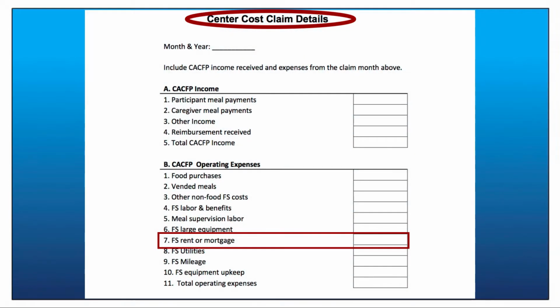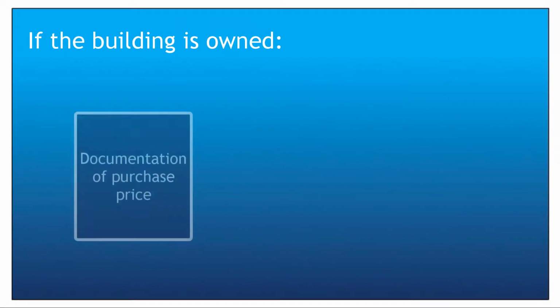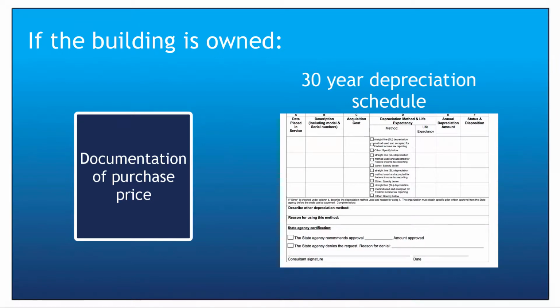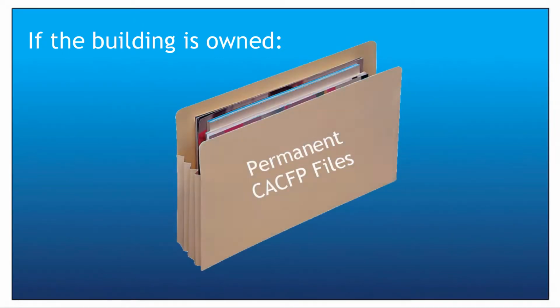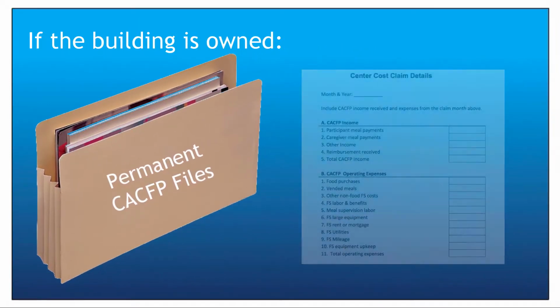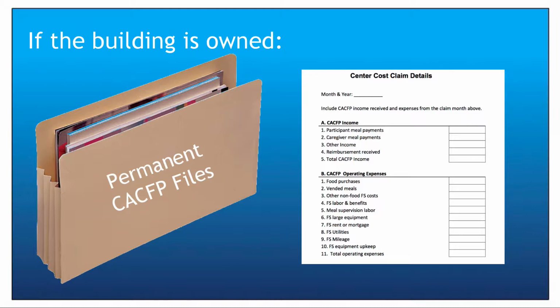The amount that can be included in the monthly cost claim details is $187.75 per month. If the building is owned, keep documentation of the purchase price and 30-year depreciation schedule in a permanent CACFP file. Submit this information for budget approval. Keep it on file and refer to it when reporting on the monthly cost claim details.